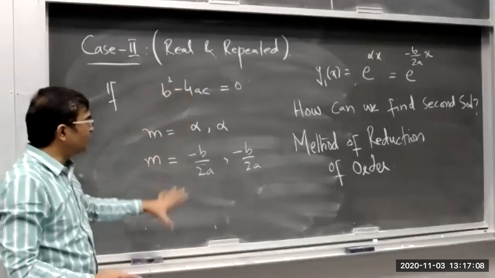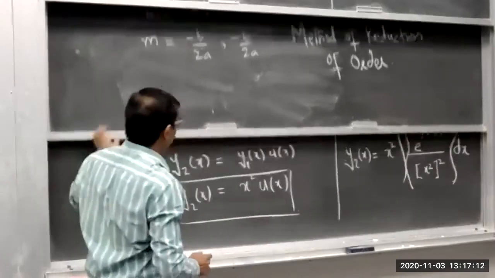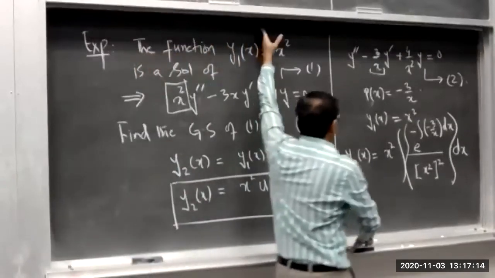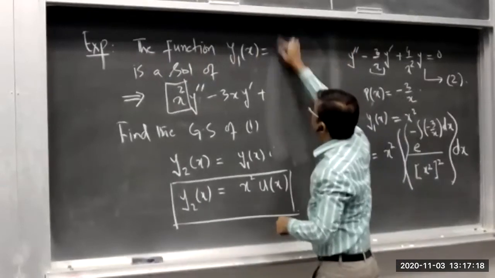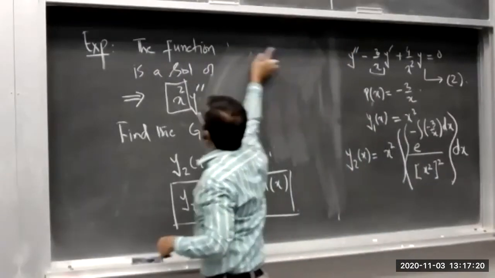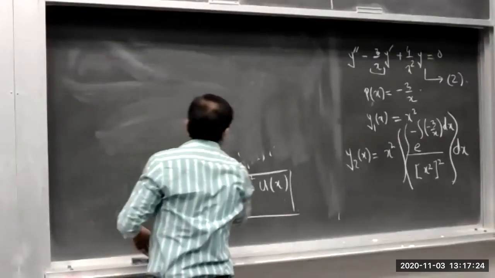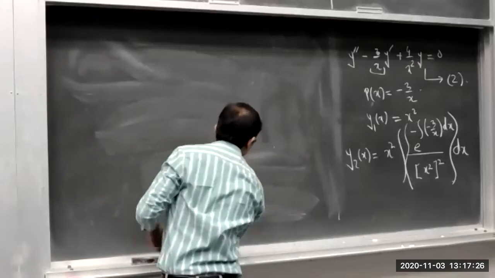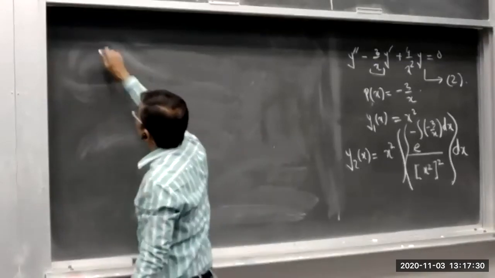Now, what is case 3? Case 3 is what if the roots are complex? If alpha and beta are complex numbers, and I hope you know complex roots always exist in pairs. Okay?